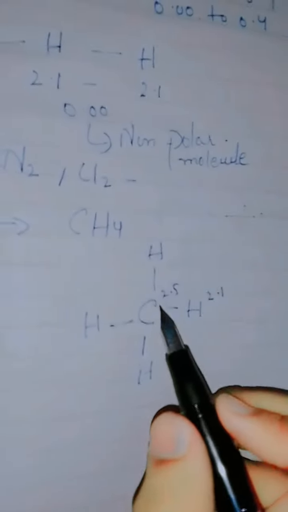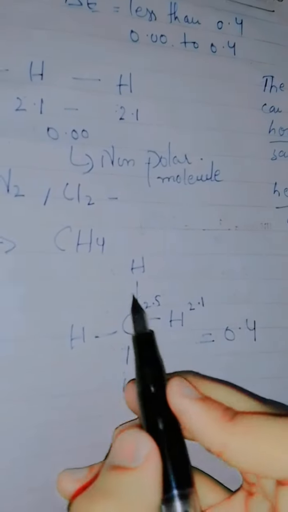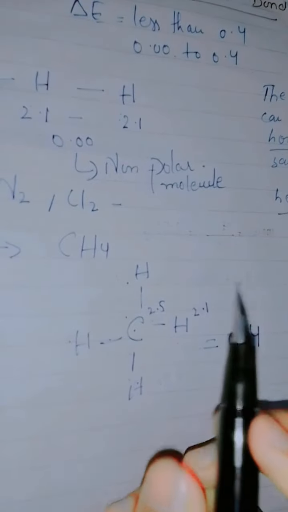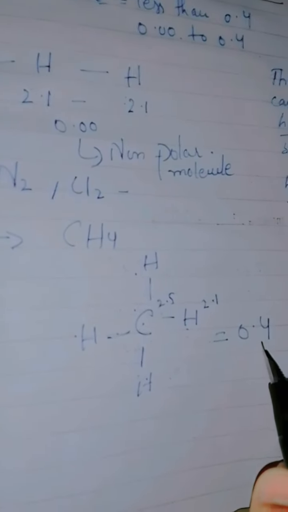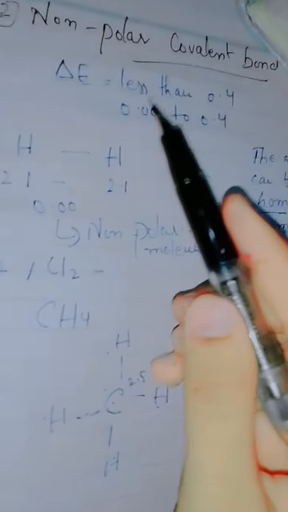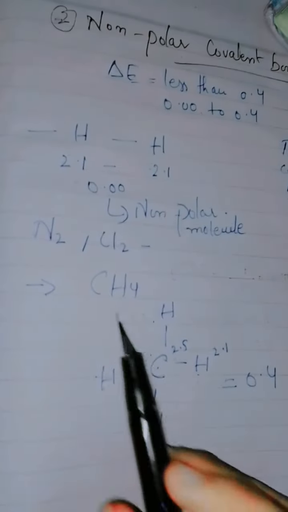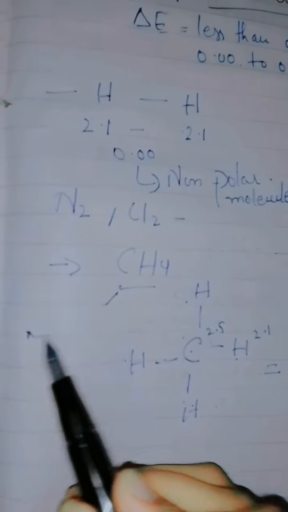So the difference of electronegativity will be 0.4. Same here, 2.5, 2.1, 2.5 will be same. So the electronegativity difference of CH4 will be 0.4. So as I said, 0.00 to 0.4, so it will be a non-polar molecule. CH4 will be a non-polar molecule.